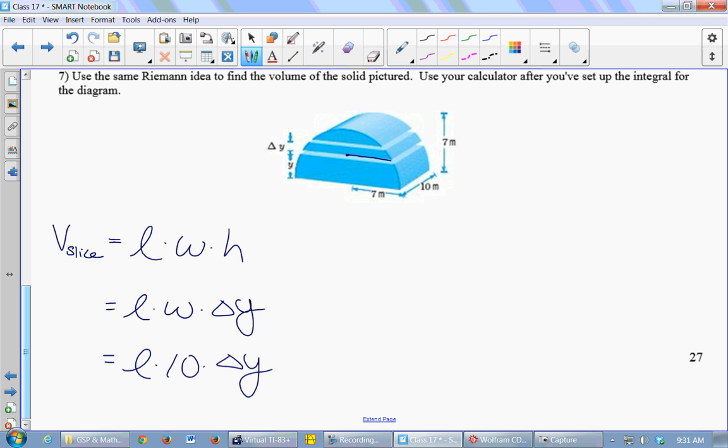Yeah, so hopefully this isn't actually parabolic and it's semicircular. If we assume that this is a semicircle, and that looks reasonable, then we could say if you drop a line, that's y, and if that's 7, then so is this, if it's a semicircle. And I didn't draw that really perpendicular.